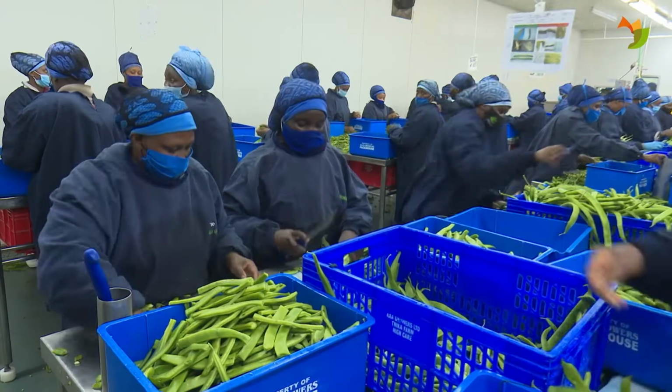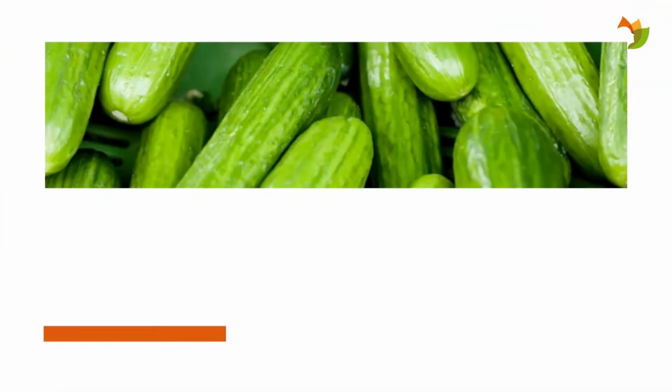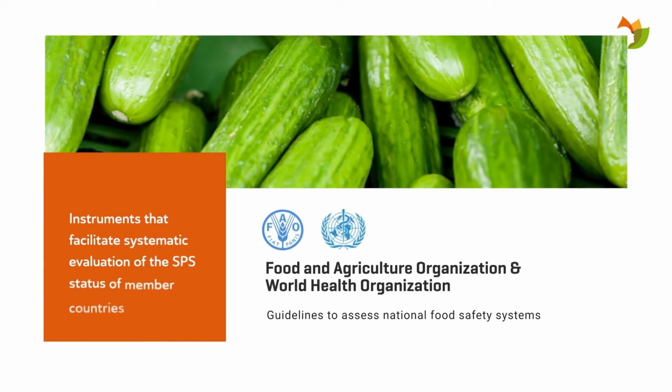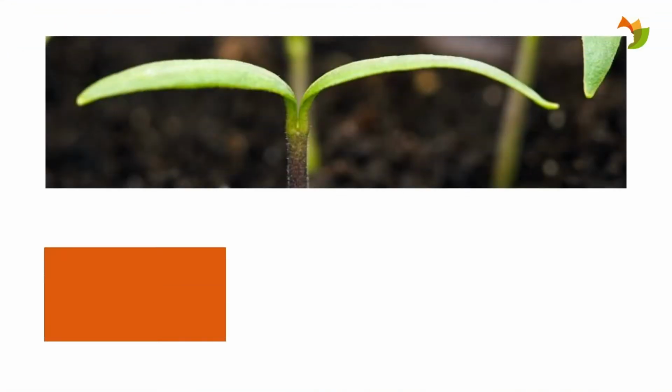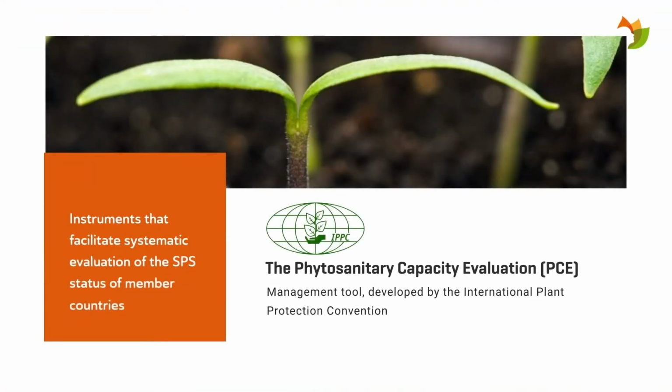Through the various international standard-setting bodies, the various instruments have been created. For example, under the FAO, there are the guidelines to assess national food safety systems. There is the Phytosanitary Capacity Evaluation, or PCE, developed by the International Plant Protection Convention.